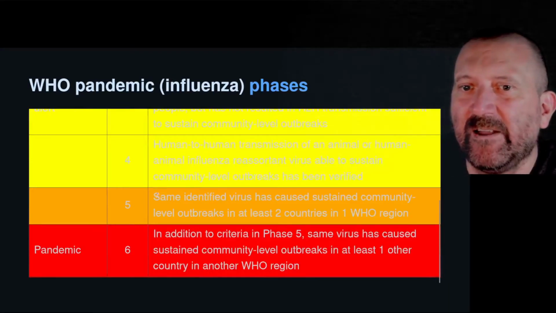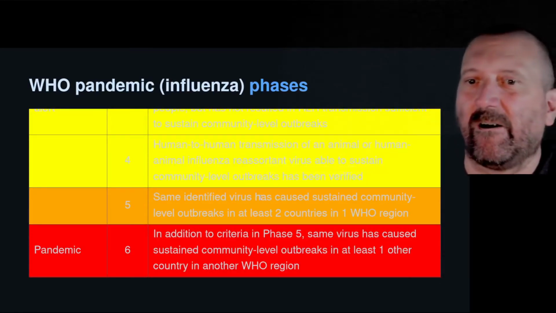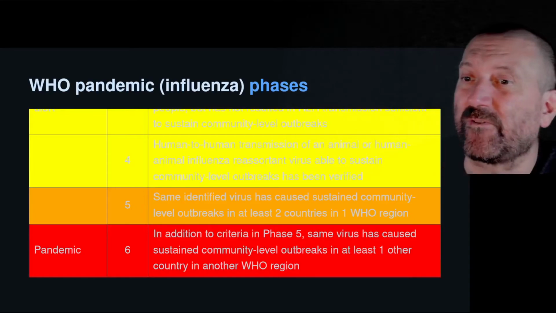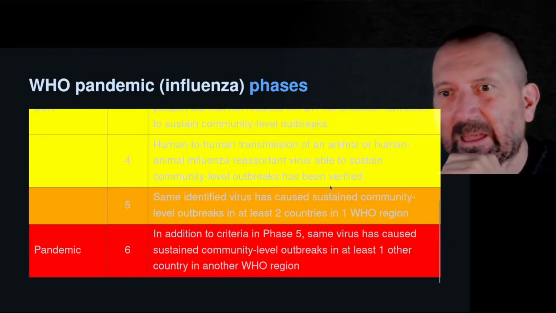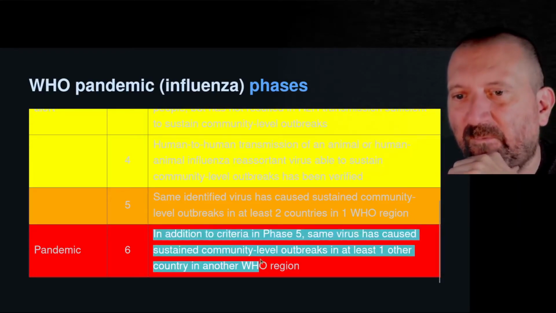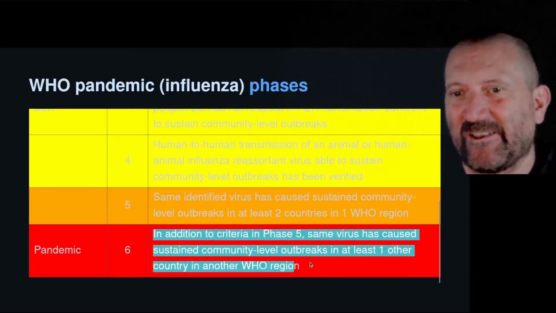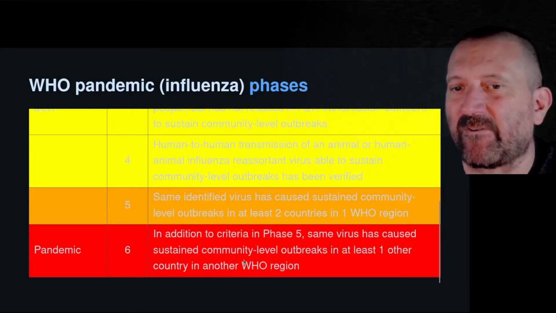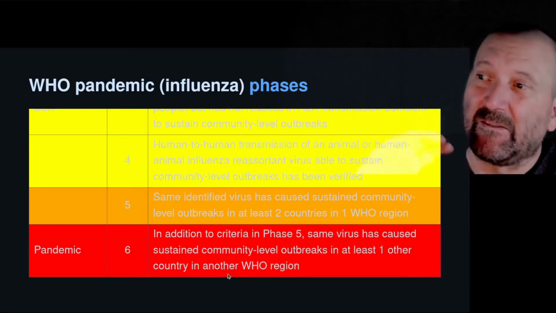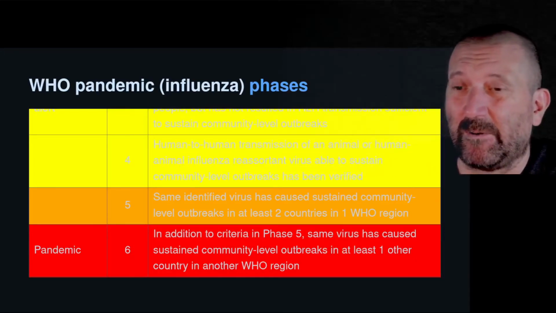Number 5 is that the virus has been detected in 2 countries in 1 WHO region, and we finally get to the full-blown pandemic stage when we have the virus present in several WHO regions.